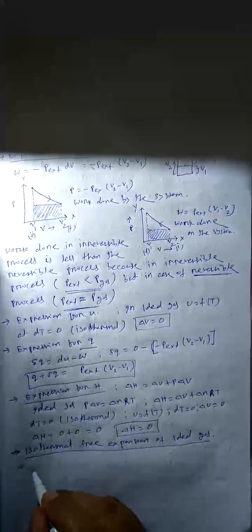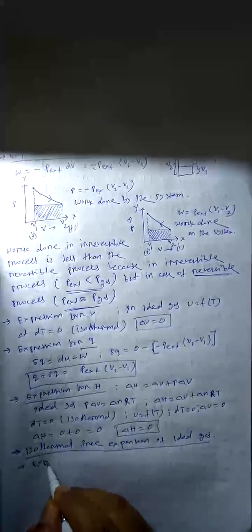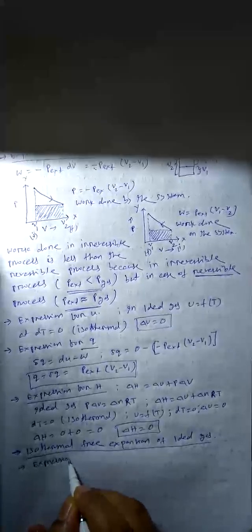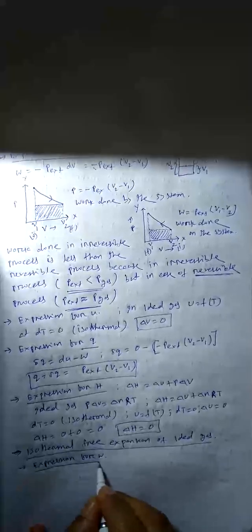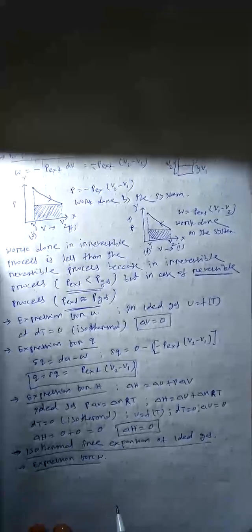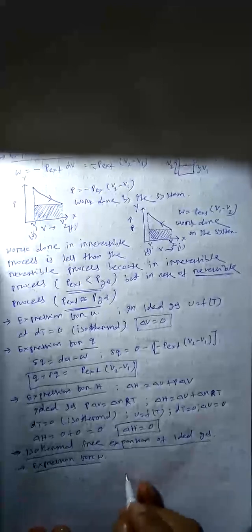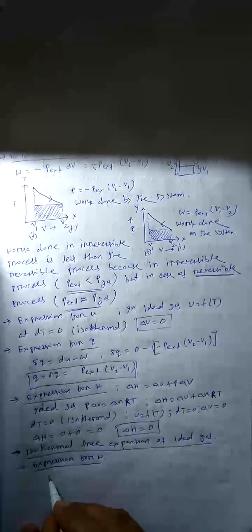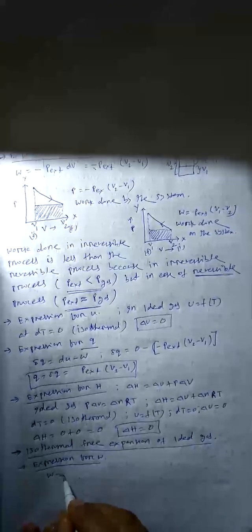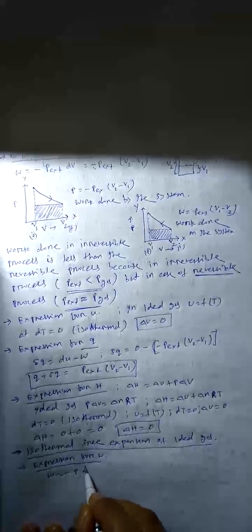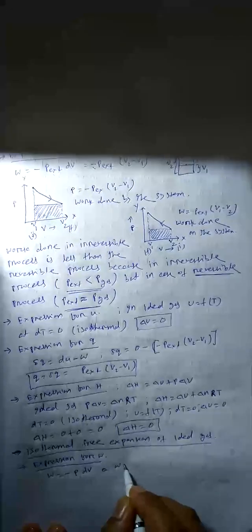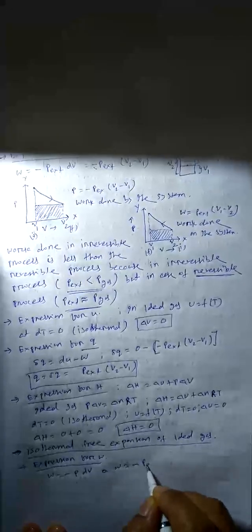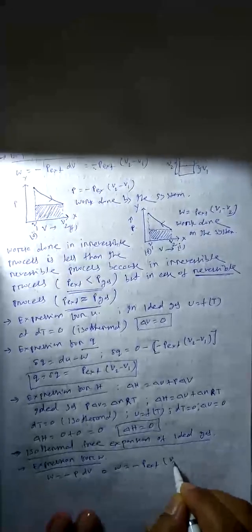Expression for W. Work done by the system: my formula is W equal to minus P dV, which we can write as W is equal to minus P external into V2 minus V1.